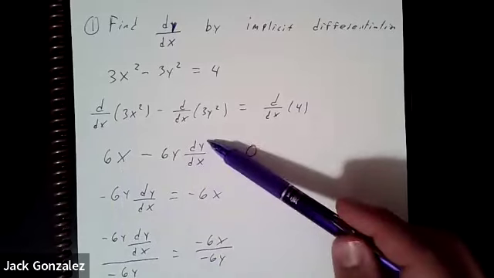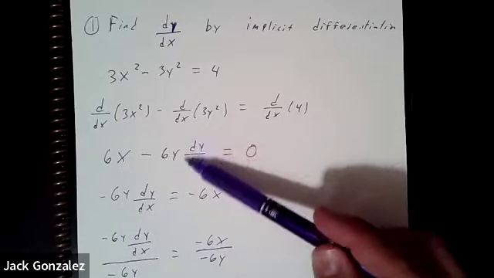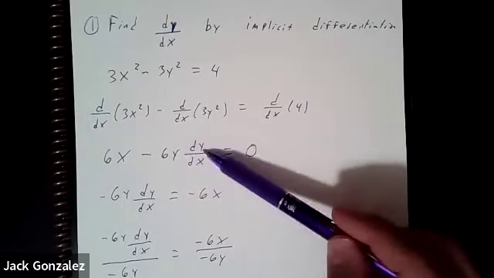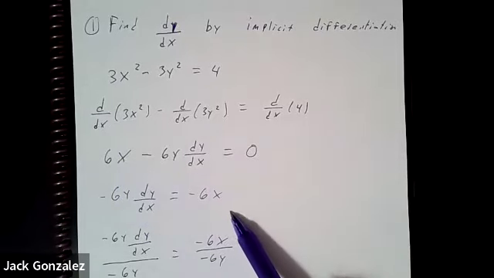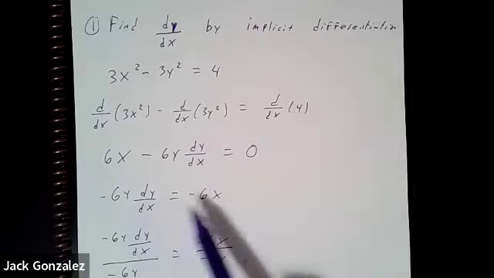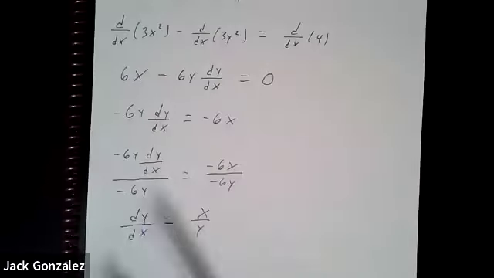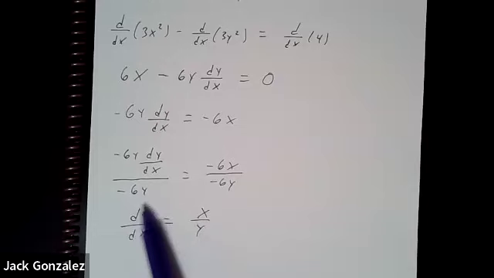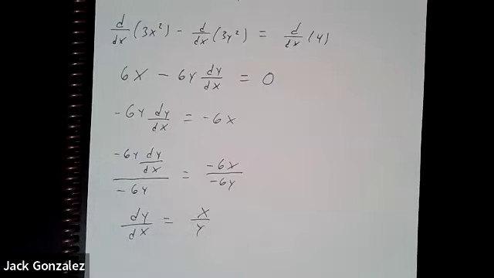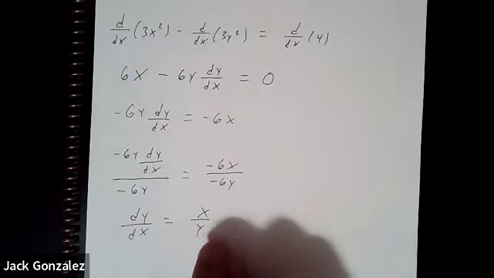This is the implicit step. Now solve for this using your algebra. So I subtract this over here, and divide both sides by negative 6y to isolate this. They cancel, solving for dy dx. So basically this is like your y prime, but it's implicit because I still have a y over here. That's what they mean.